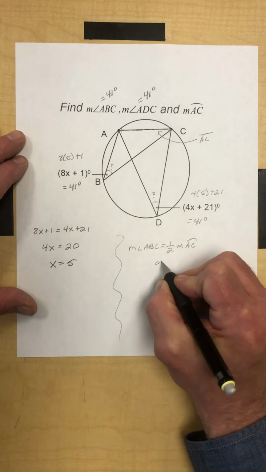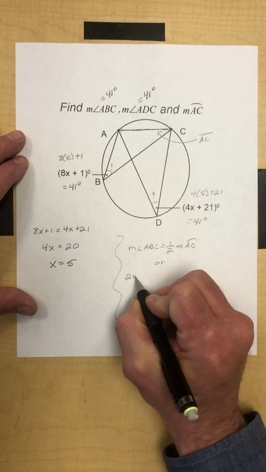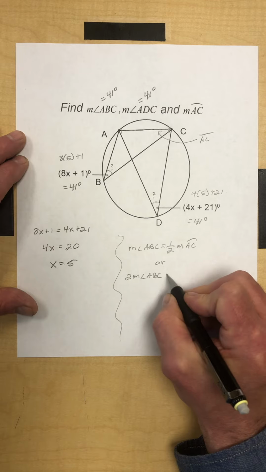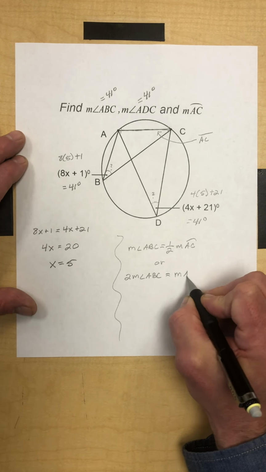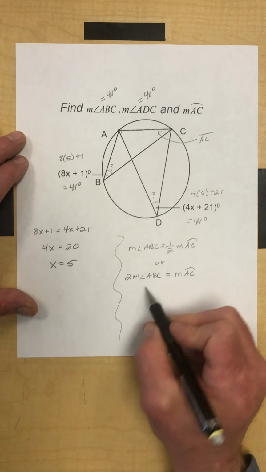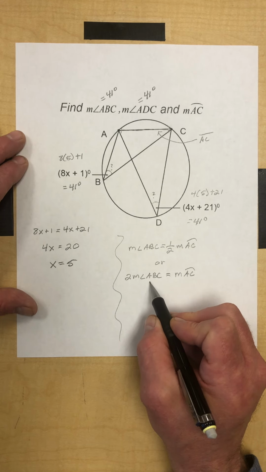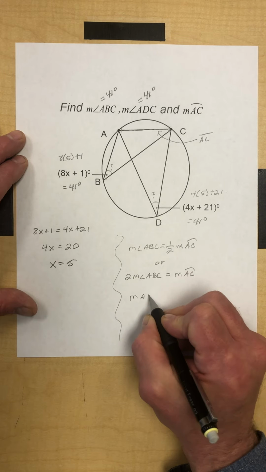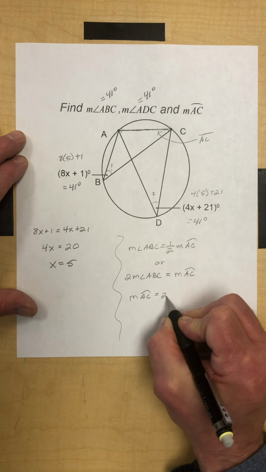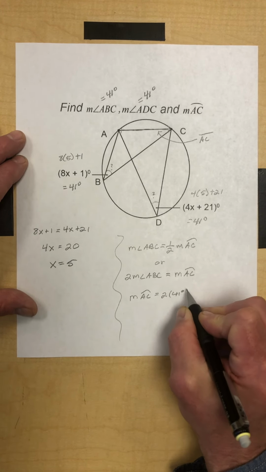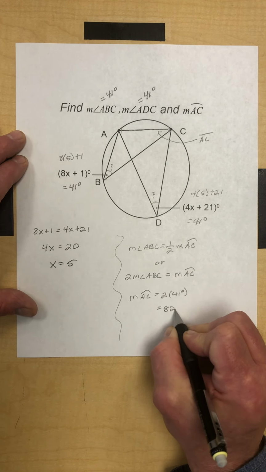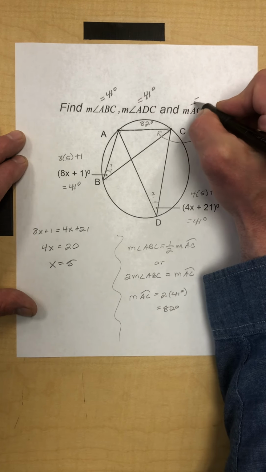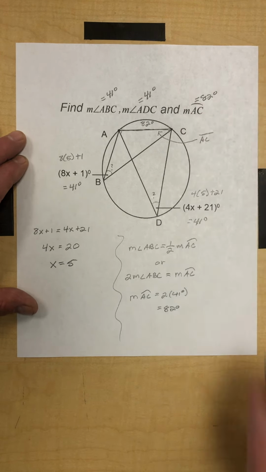Another way of saying that is 2 times the measure of angle ABC, the inscribed angle, is equal to the measure of the intercepted arc. We already know the measure of the inscribed angle is 41, so the measure of arc AC is just 2 times 41 degrees. So we get 82 degrees. So this arc is 82 degrees, and we are good to go.